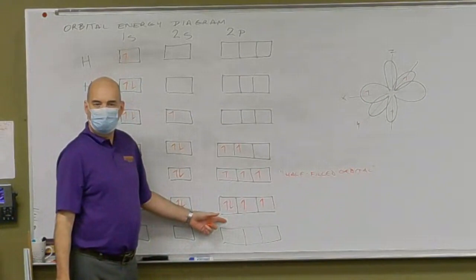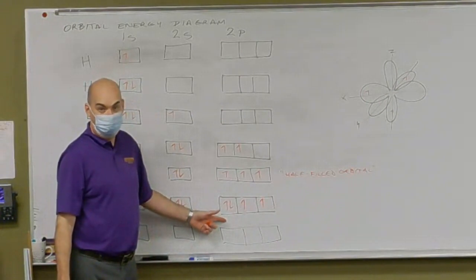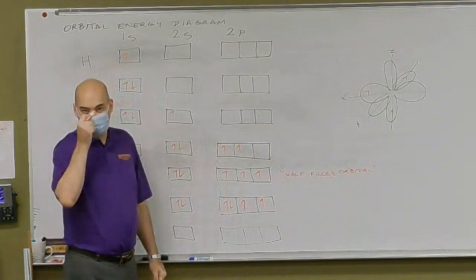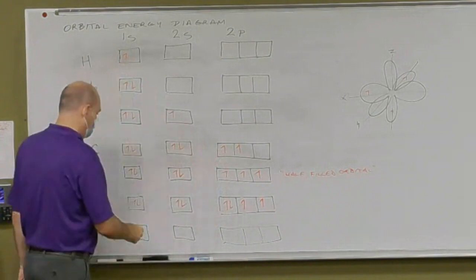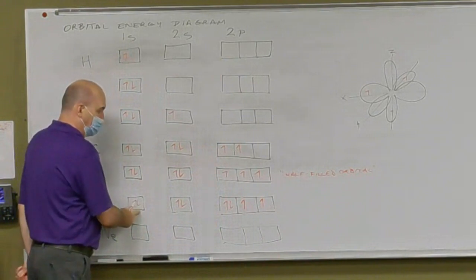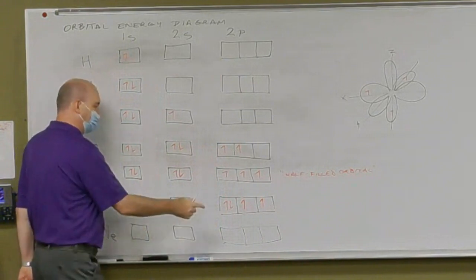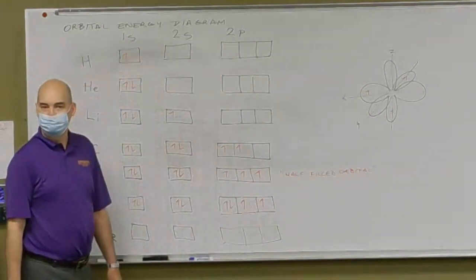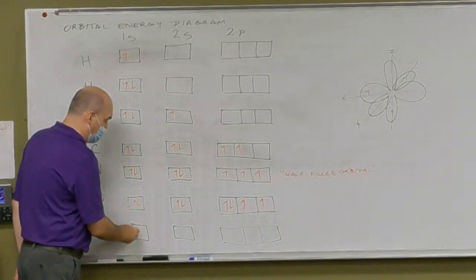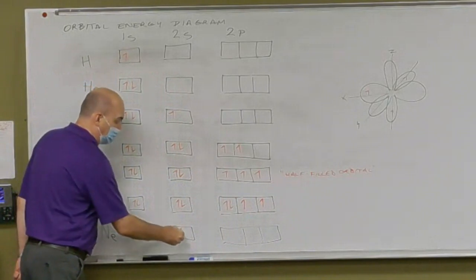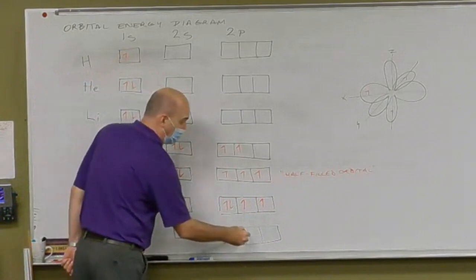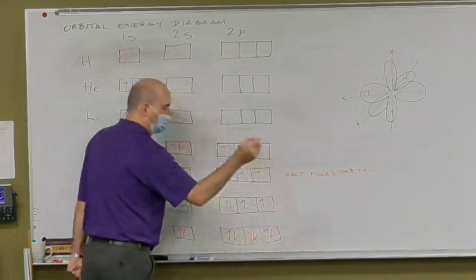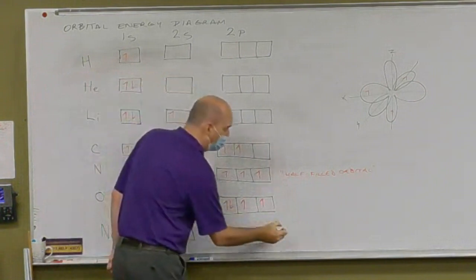I pair them up when I have to. And when I pair them, one goes up, one goes down. Okay? So I get Aufbau, Pauli's exclusion principle, Hund's rule, Pauli's exclusion principle. Neon goes 1, 2, 3, 4, 5, 6, 7, 8, 9, 10. This is a filled orbital.